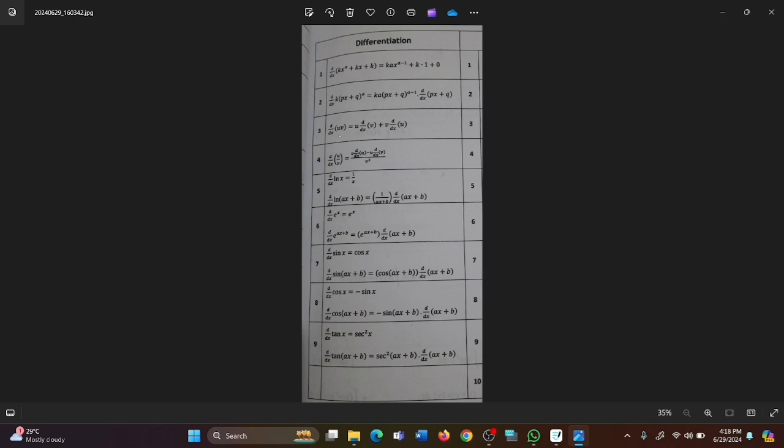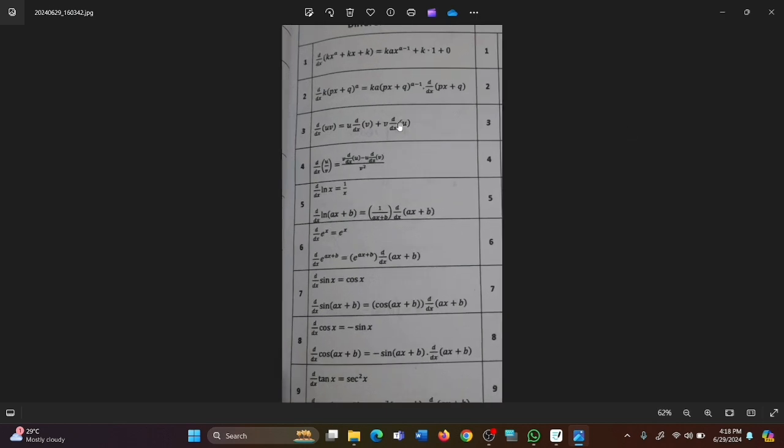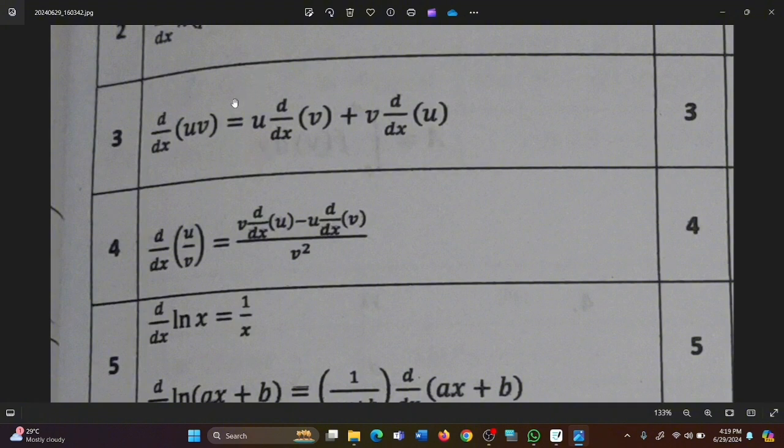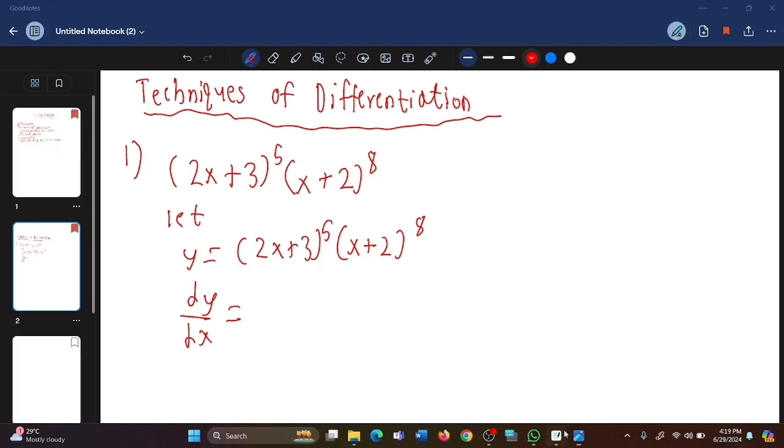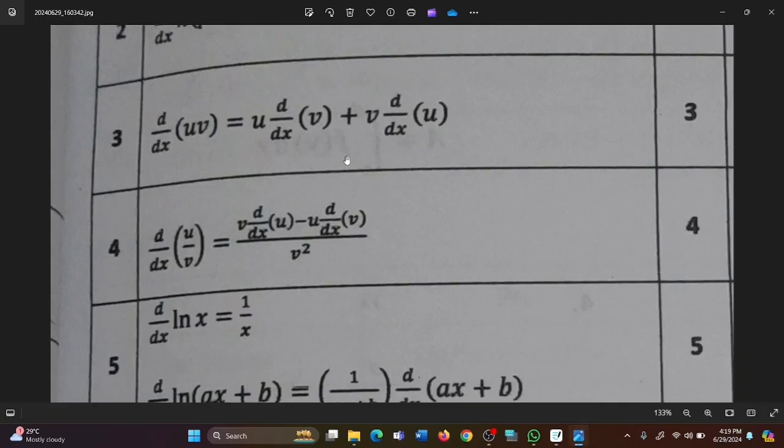If you look at the third formula, it says differentiating UV, d by dx of UV. Here u and v mean two factors that contain variables. Like in this case, this is u and this is v. So how is this differentiation done? The formula says we take u and multiply it with the derivative of v.